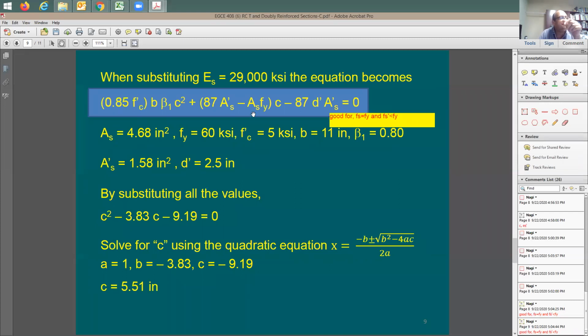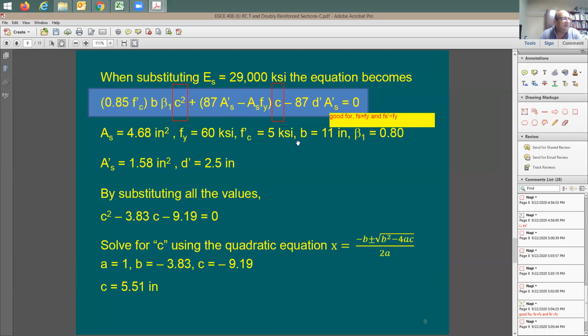And it shows here that you're going to have one variable, which is c squared and c, and the rest of this information is going to be known to you. So you have 0.85 f prime c, b, beta 1, c squared. This is going to be your unknown. Again, here's c, and this is going to be the constant in your equation. So you're going to have one unknown, the same unknown, first degree, and then a constant.